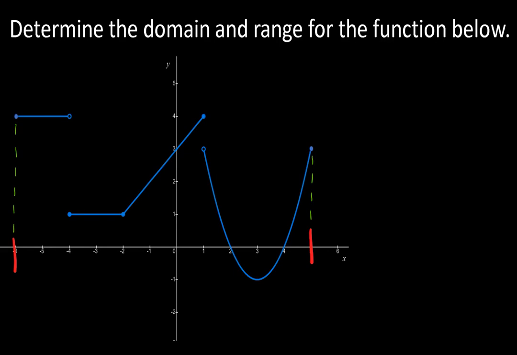But now we have to look at the interior of our graph from left to right and make sure that every x value between -6 and +5 is touched by our graph. As I start tracing our graph from left to right, beginning at -6, we run into a problem right away.